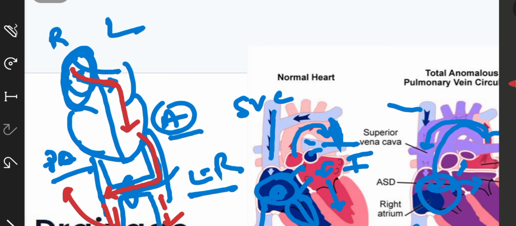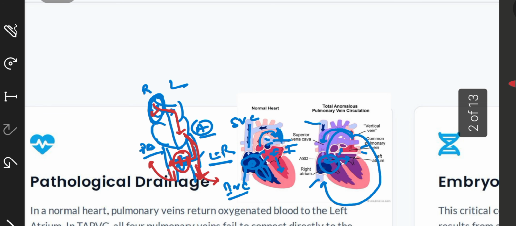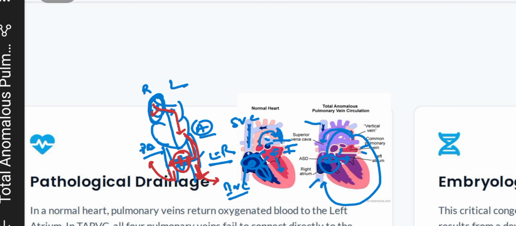As there is only a small amount of blood entering this area, if the PDA is not there, then much more blood enters the body. That's why this is duct independent circulation. If the duct is there, the child will die much earlier than if the duct is not there. So that's why it is duct independent circulation.